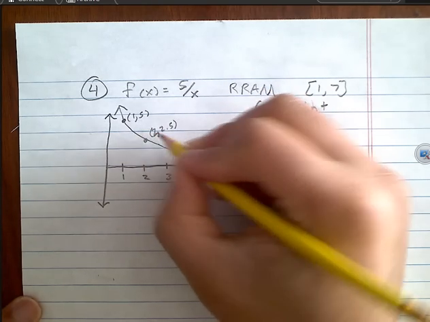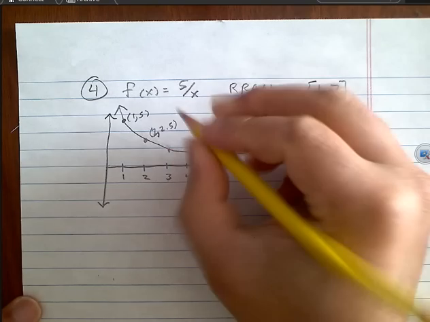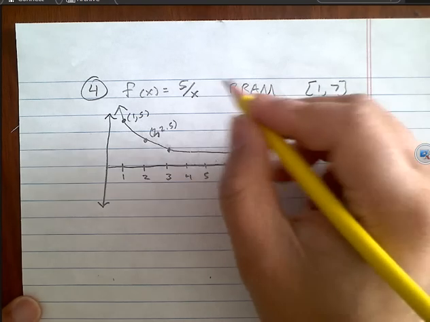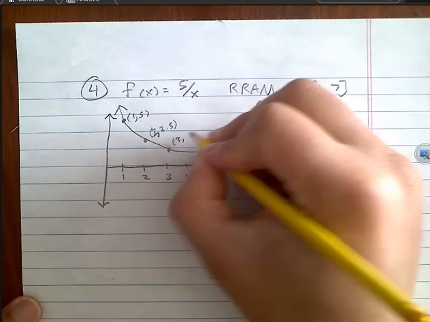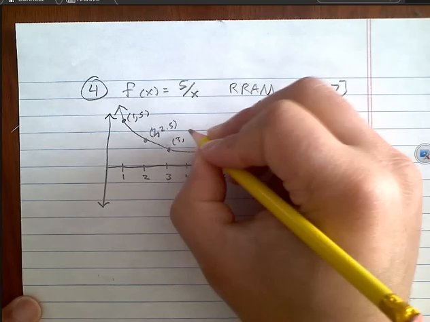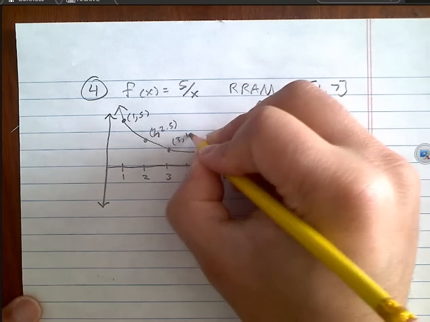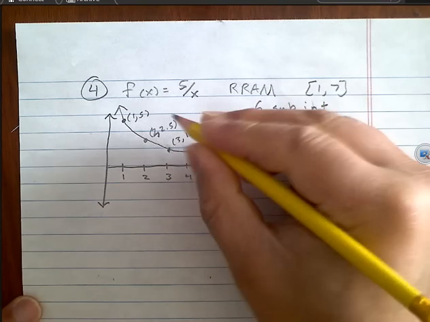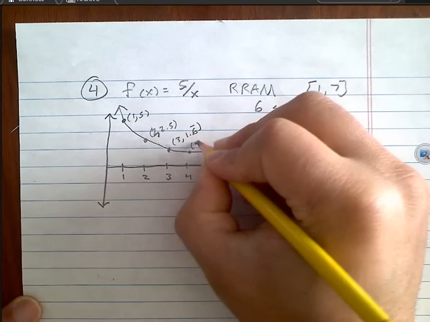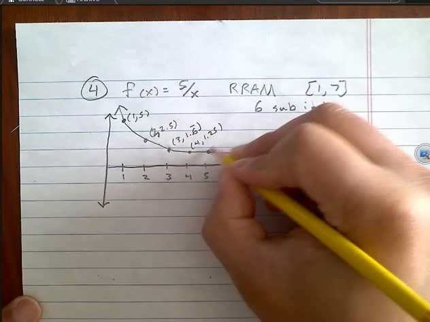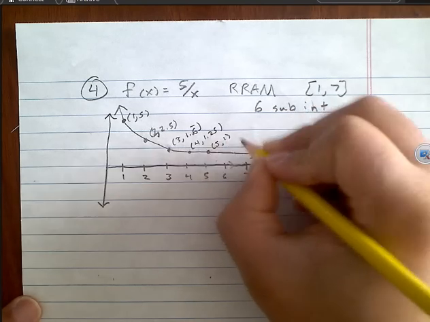And then plug in 3. 5 divided by 3 is, oh my goodness, 3 comma, it's 1 2/3, so 1.6 repeating. And then 5 divided by 4, 4 comma 1.25. 5 divided by 5, obviously 5 comma 1, and then so on and so forth.